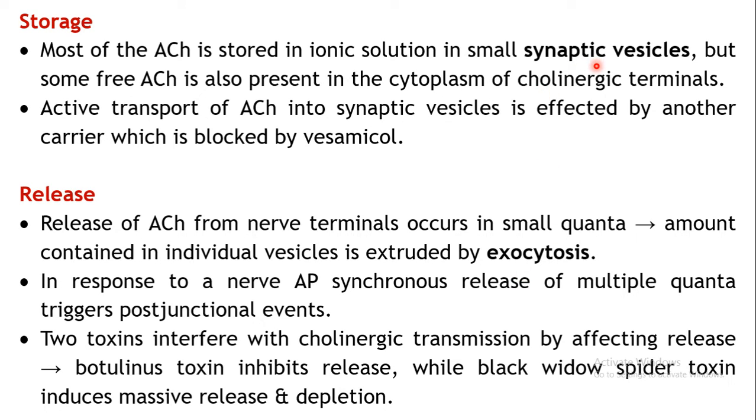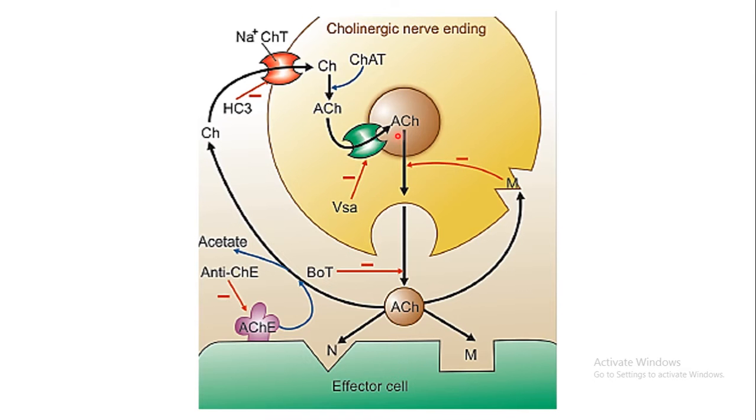So when an impulse comes and this nerve is stimulated, that signal is further carried by this acetylcholine. The acetylcholine which is stored will be released from the synaptic vesicles by the process of exocytosis.